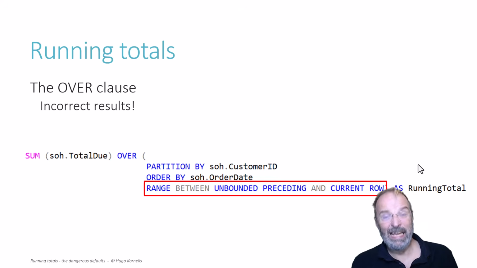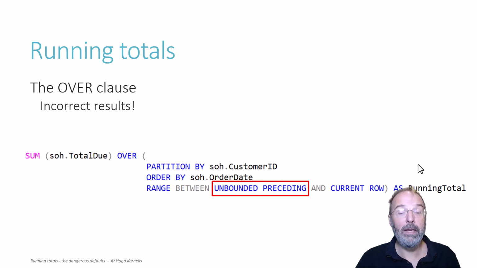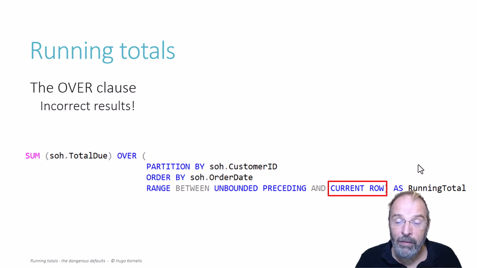Now, what exactly does this mean? Let's start with unbounded preceding. That means I want the sum of total due over all rows, starting with the very first row with the same partition, so with the same customer ID from the very first row based on this order by order date, and I want to end it at the current row.